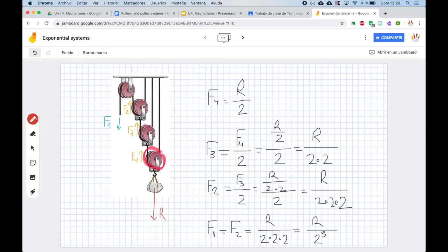1, 2, and 3 movable pulleys. This is what we've called N. Here, N is 3. And this leads us to the equation here. We're going to see it here.